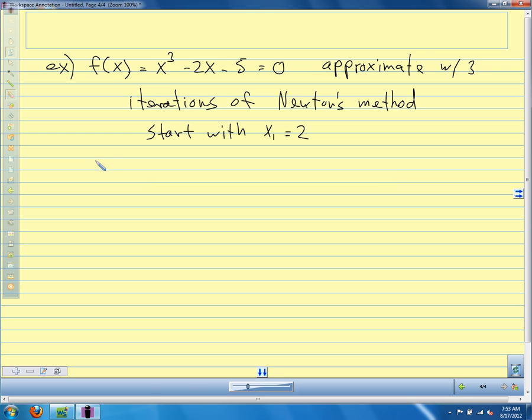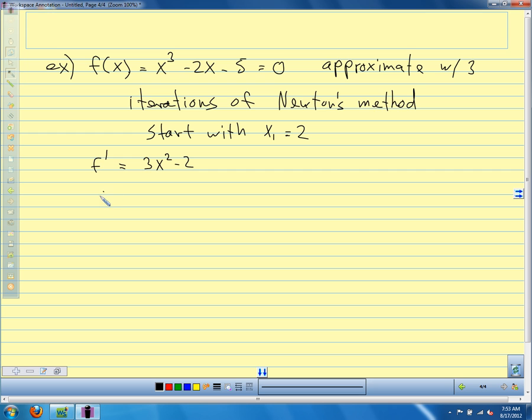So let's start out. f prime is 3x squared minus 2. And I'm going to plug this into Newton's method.